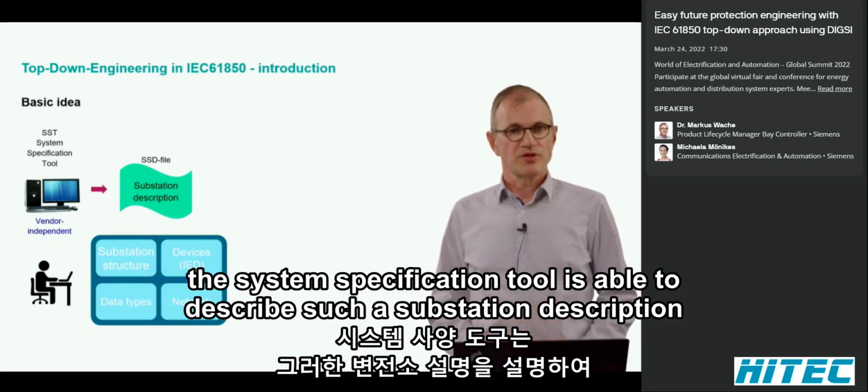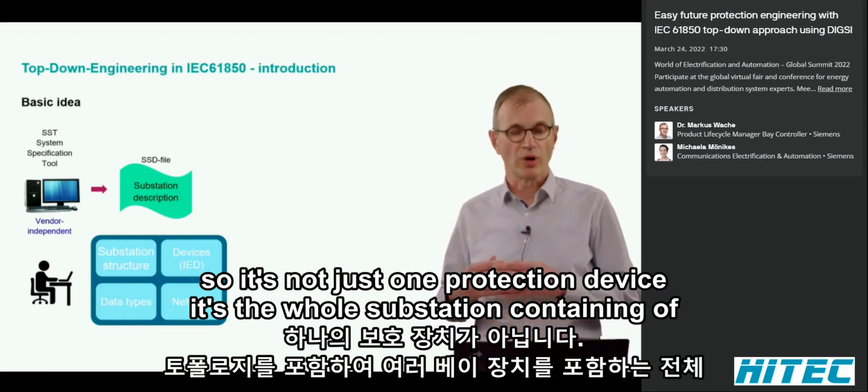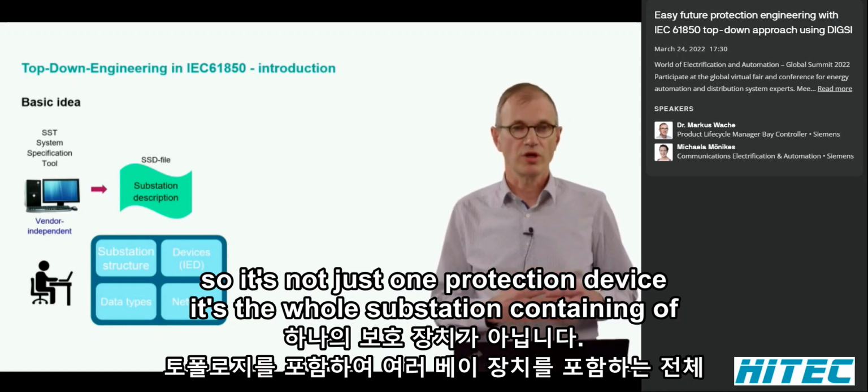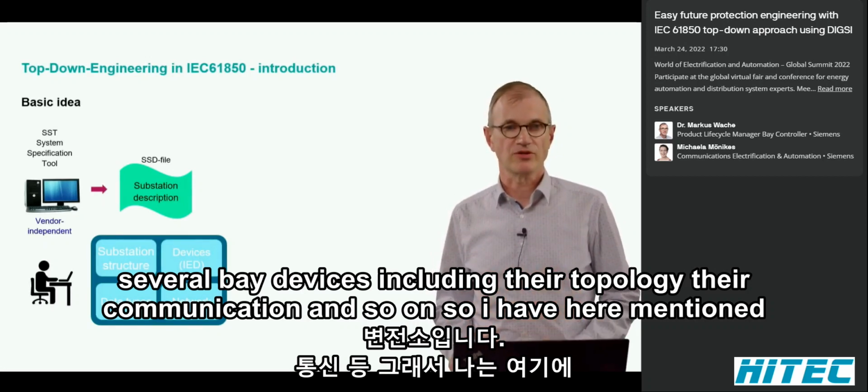The system specification tool is able to describe such a substation description. So it's not just one protection device, it's the whole substation consisting of several bay devices, including their topology, their communication, and so on.